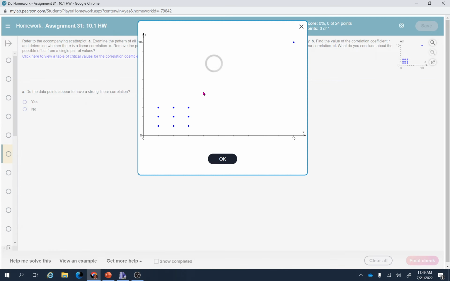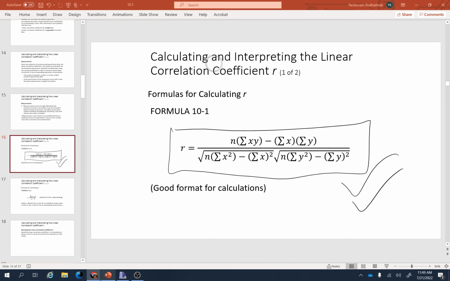If you try to draw a straight line, you can see that as x is growing, the y is growing as well. So somehow it is linearly correlated. I can't draw a line here, but even if your data look like this, if you draw a line, most of the data are around this line. That's called linear correlation.